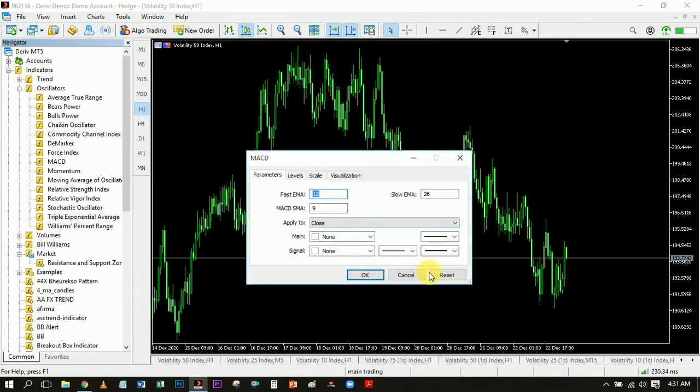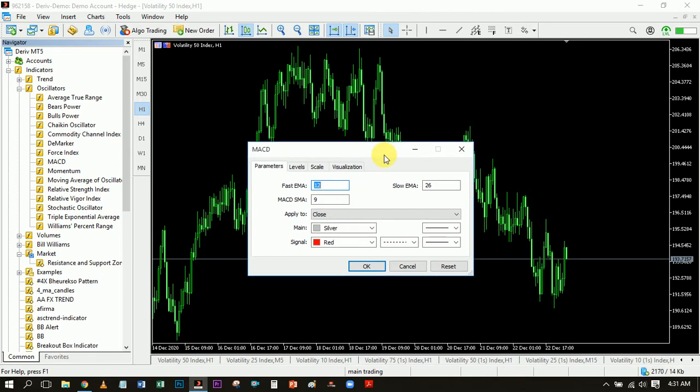The default settings are 12 for the fast EMA, 26 for the slow EMA, and 9 for the MACD SMA. Now, I really don't want to go into the calculations so that you don't have to bother yourself with all that, because the indicator does all that for you.